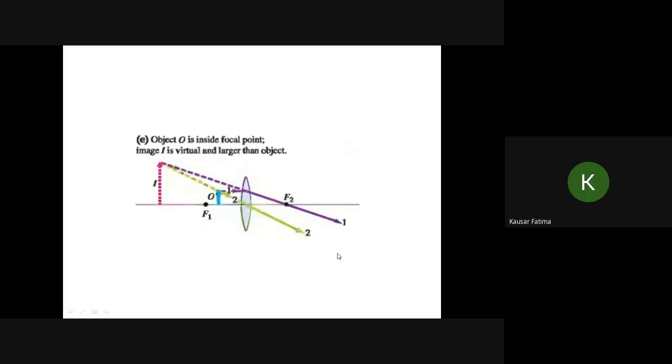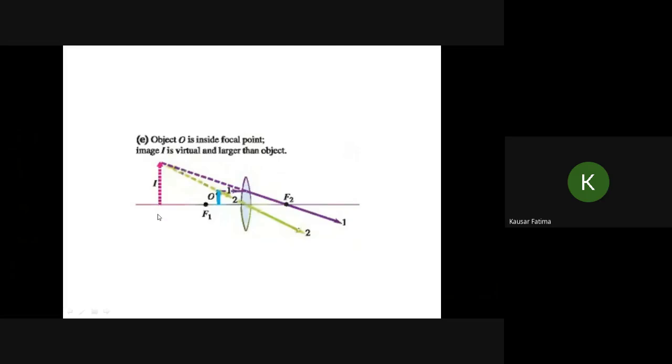It means they are going away from each other. When you elongate, they don't appear to be meeting on this side at all. When you produce them backward, they appear to be coming from this point. Since the rays are not actually coming from this point, the image is virtual, upright, and magnified.